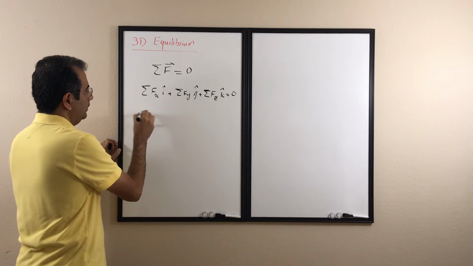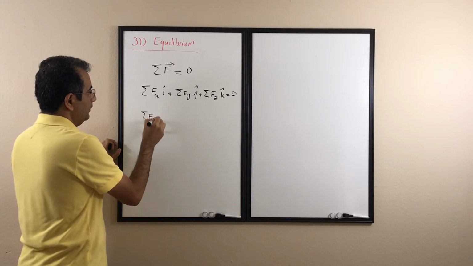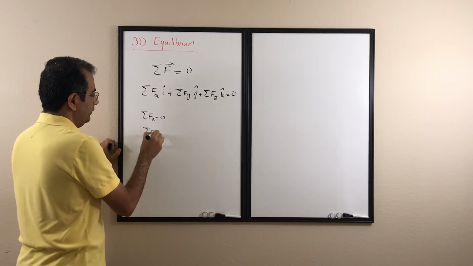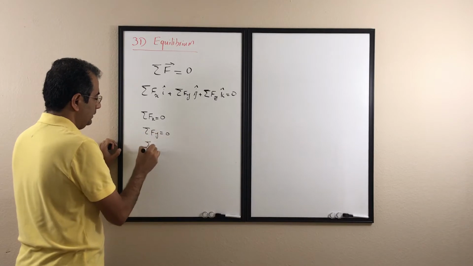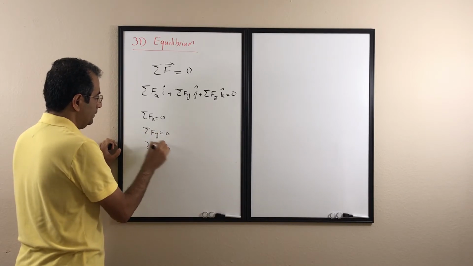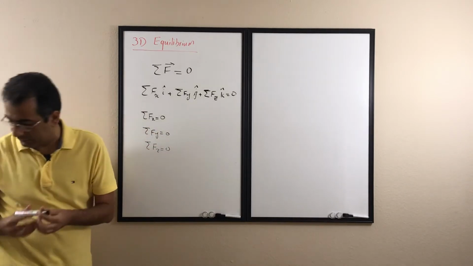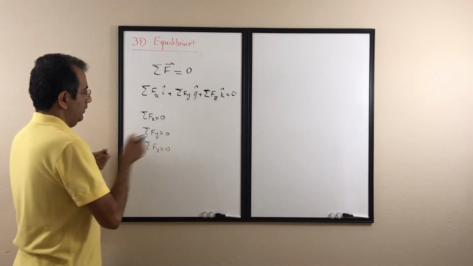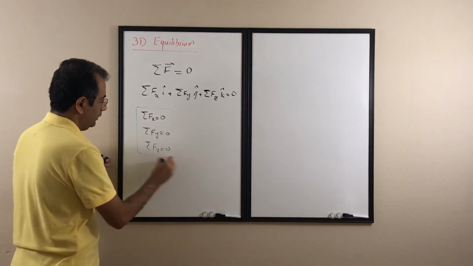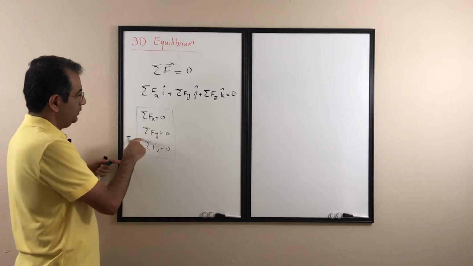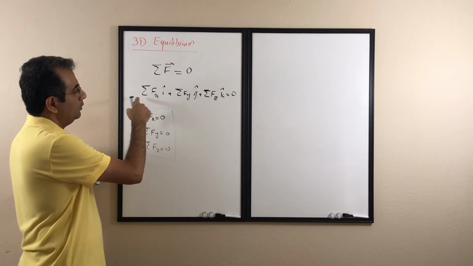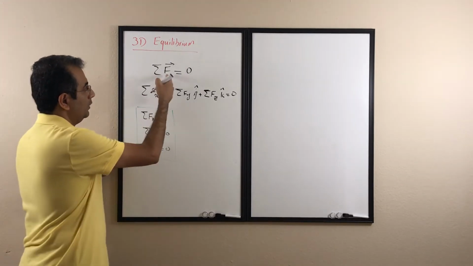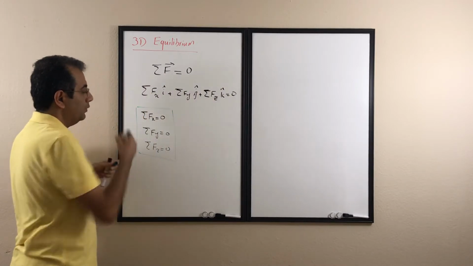In other words, we make sure sigma Fx is 0, sigma Fy is 0, and sigma Fz is 0. That's what we want to work on. But before we get to this point, because we can't find those directly, we need to go to the Cartesian method to write the sigma F in this format.